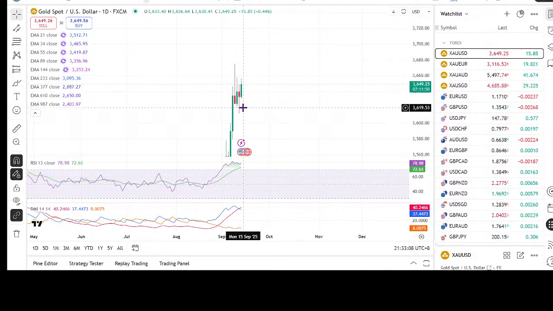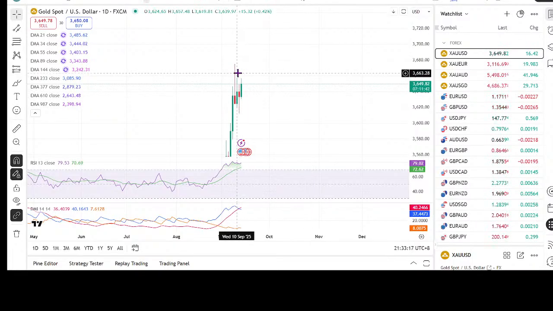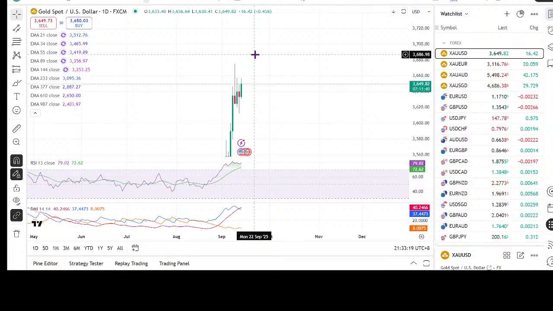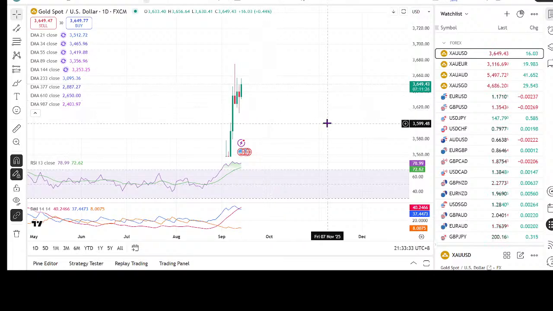Today it's going to be a 50-50 chance, meaning to say that we can see further strength push higher, or we may see the price trading in a very tight range.